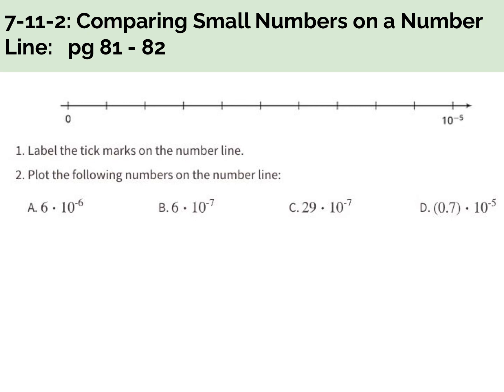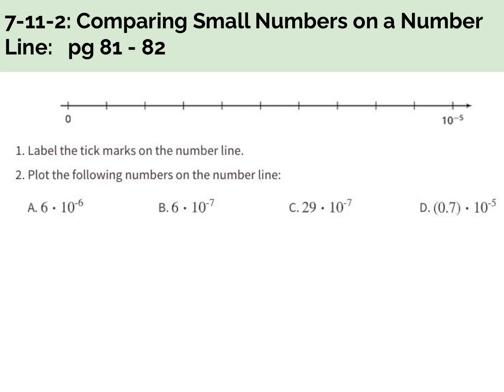So let's talk about actually just labeling the number line. So notice how we have 10 to the -5 here. So I'm going to kind of work backwards until we go ahead and get to the 0 part. So it's kind of, again, it's backwards considered what we think it would be.